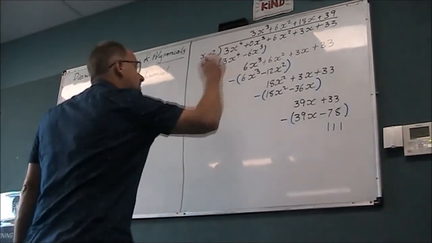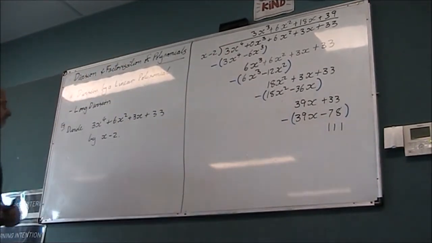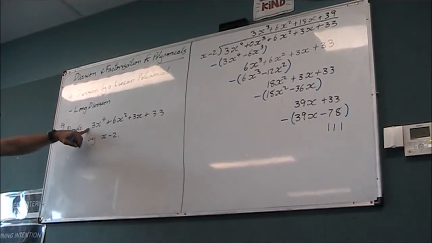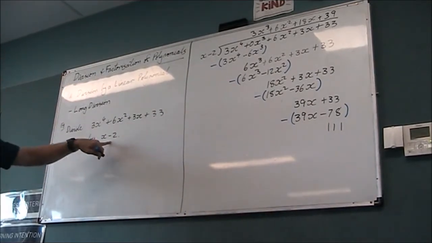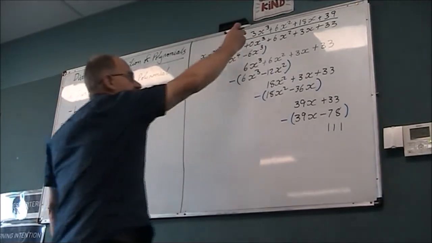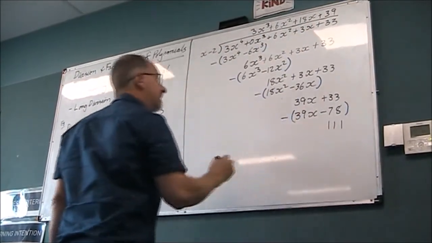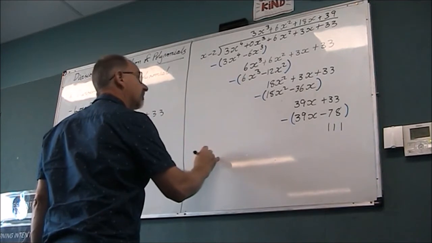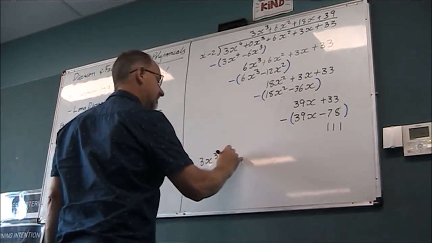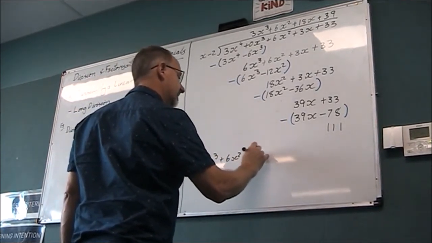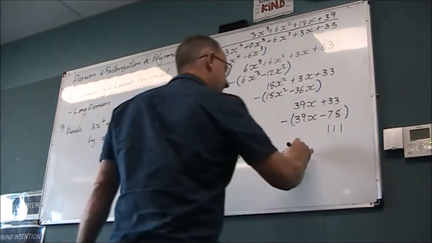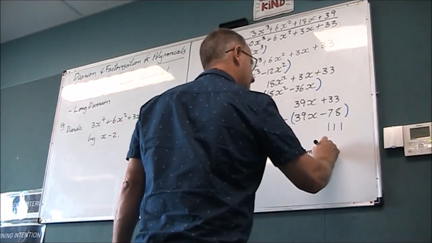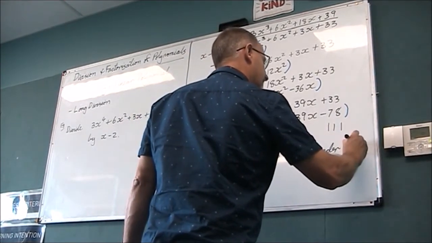So, what does all of that mean? Well, all of that means that 3x to the 4 plus 6x squared plus 3x plus 33, when it's divided by x minus 2, you get this with that remainder. So what do we get? We get 3x cubed plus 6x squared plus 18x plus 39 with a remainder of 111.